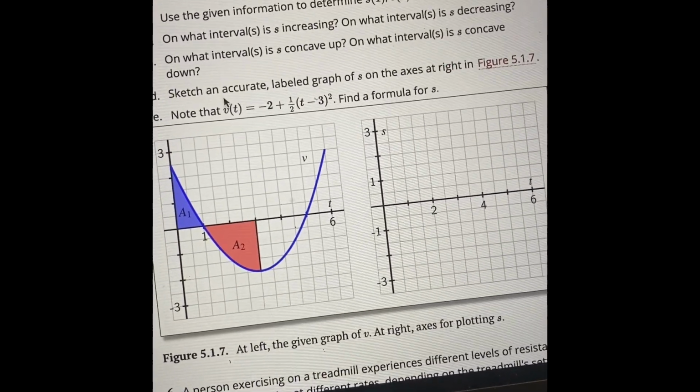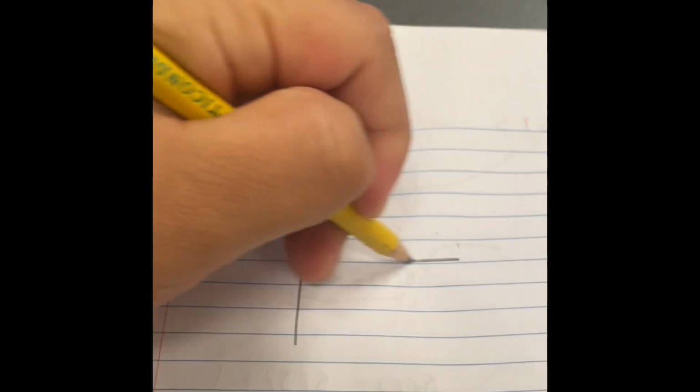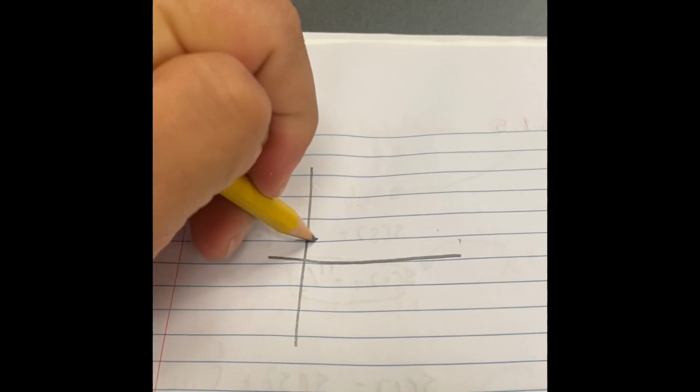So now they're asking us to predict how the graph looks. According to the points that we know, it starts at point 0.5.